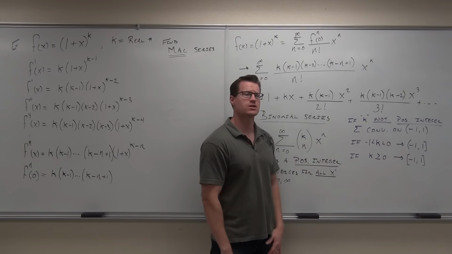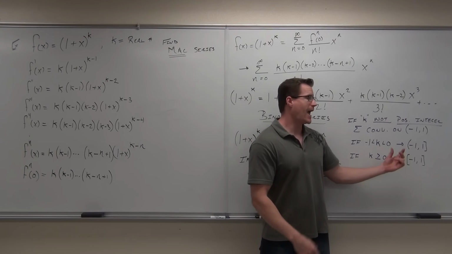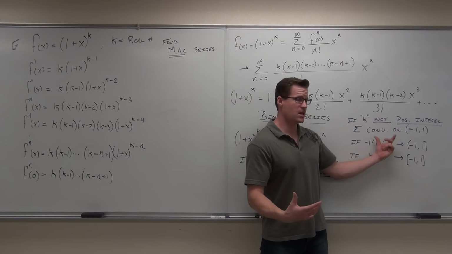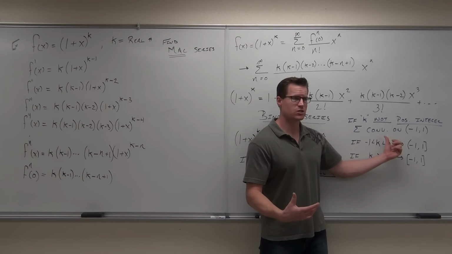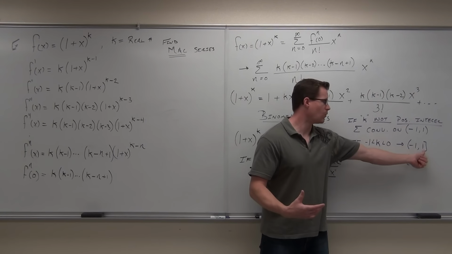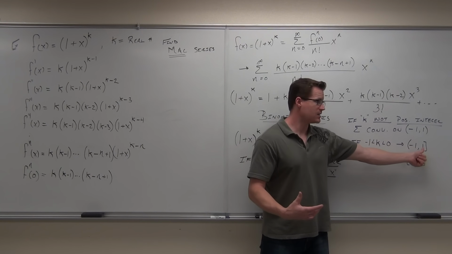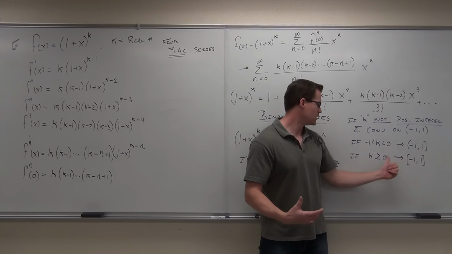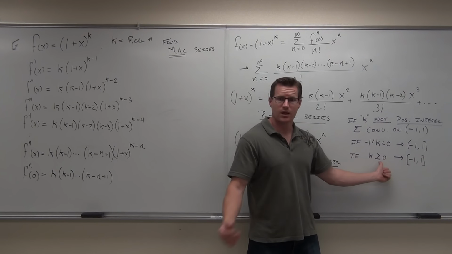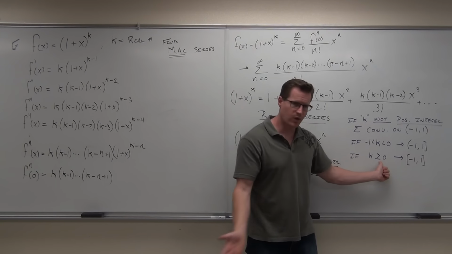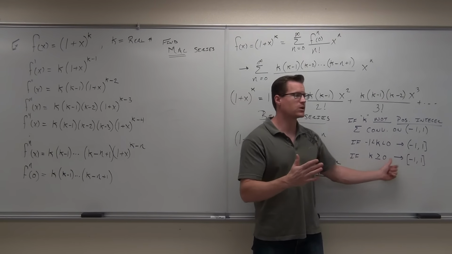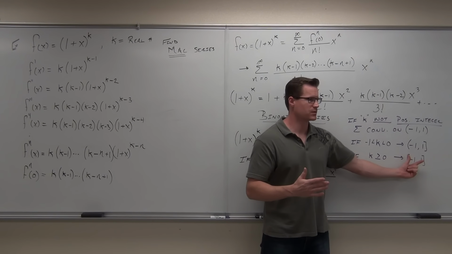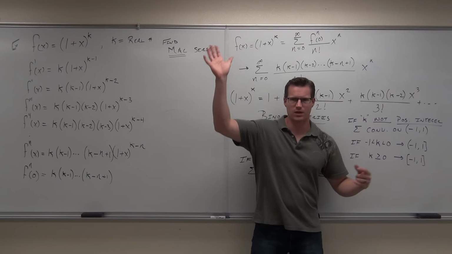Now, there's more specifics. If k is between -1 and 0, you get to include the endpoint of this interval, 1. If k is greater than or equal to 0, then you include both of those endpoints. Show of hands if you feel okay with that.